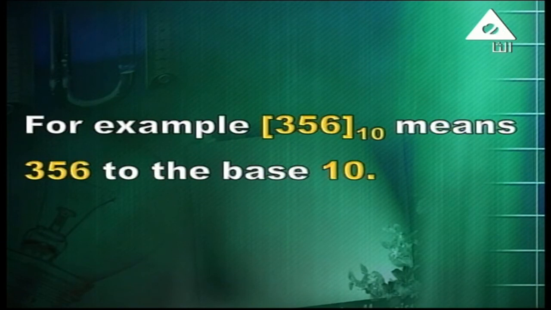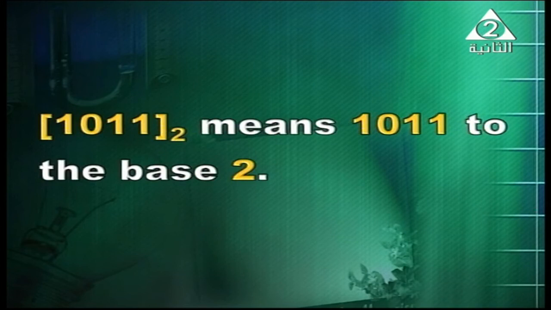For example, between two brackets, 356 to the base of 10 means it is decimal. 1011 to the base of 2, or 1011 between two brackets with a 2, means that 1011 is to the base of 2, so it is a binary number.